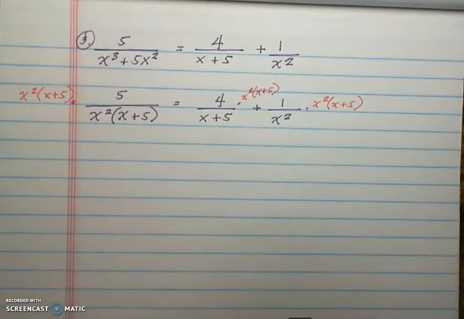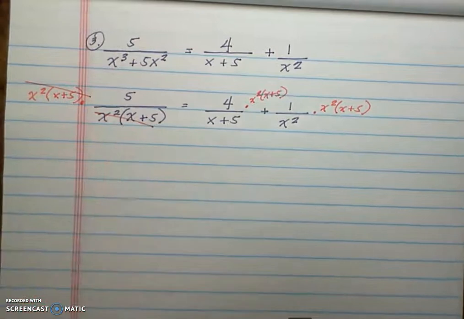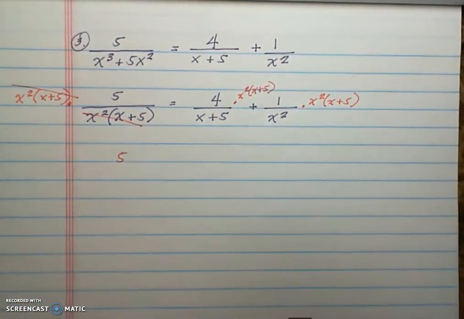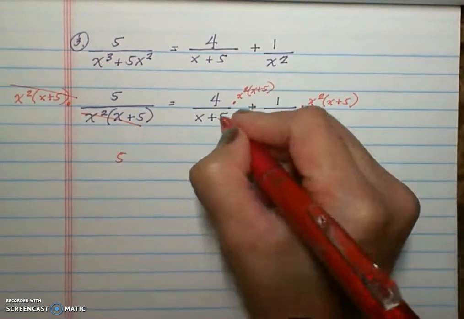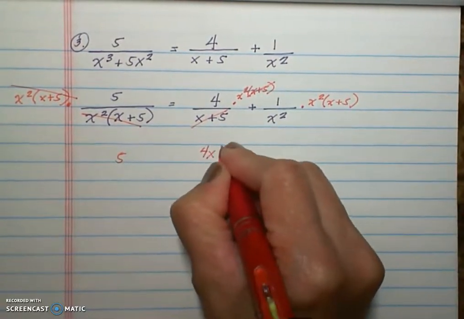Okay, so now what we're going to do is simplify and cancel out whatever we can cancel. So in other words, for this one, we can cancel this out now, and 5 is left. And then we can cancel out, in this particular case, this. And so 4x squared is left.